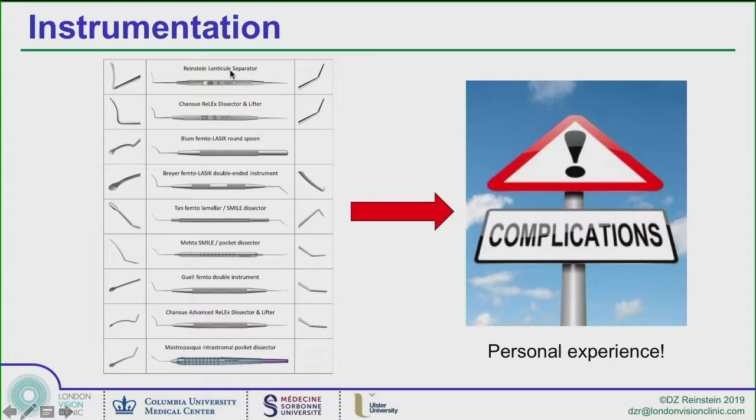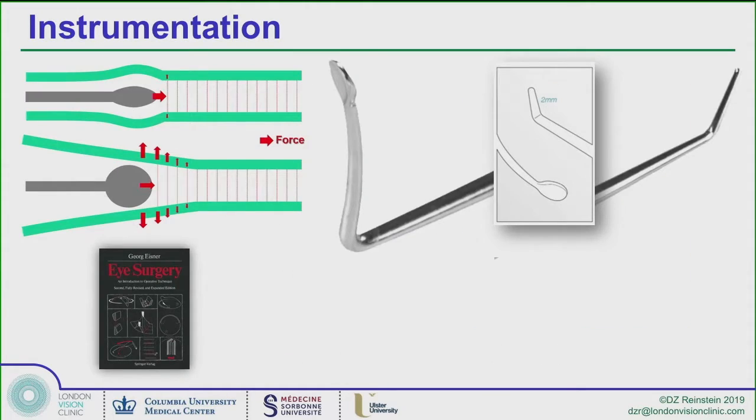Now, instrumentation is the second area. And there are lots of instruments now out there, and I have personally tried most of these and developed a sense for the three key features that a SMILE instrument has to have. The first is that the shaft has to be thick. And the reason for that, in Georg Eisner's textbook, is very clearly delineated.